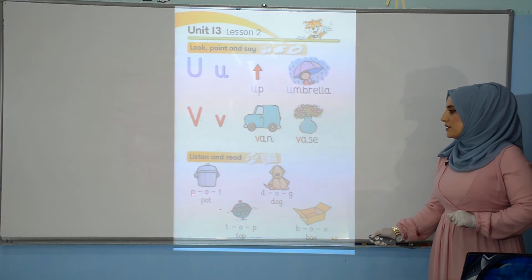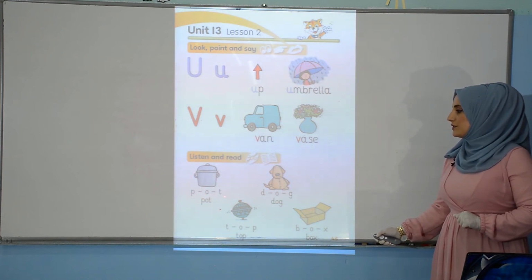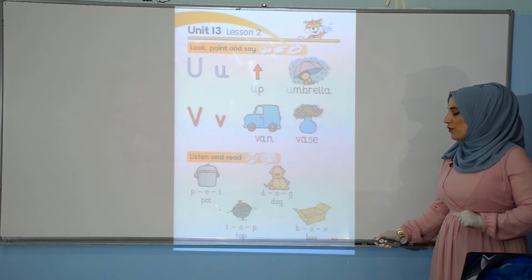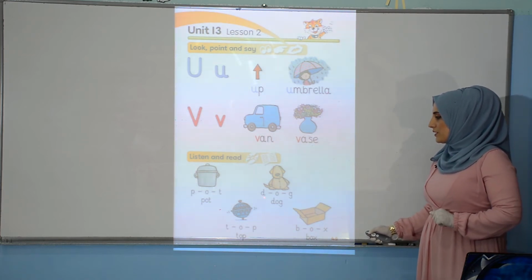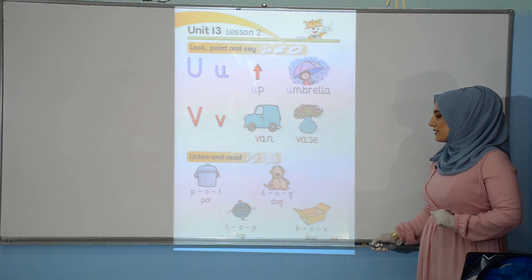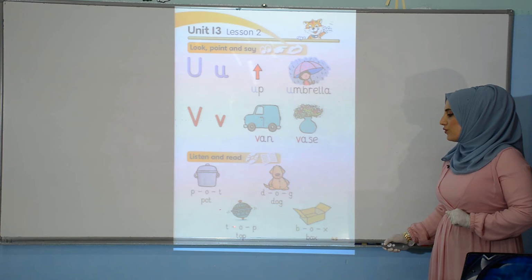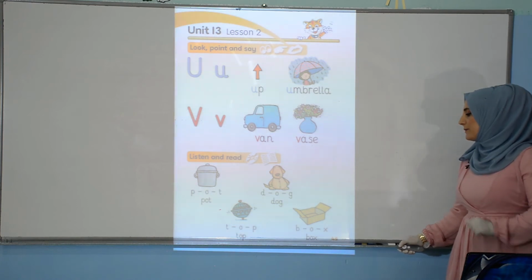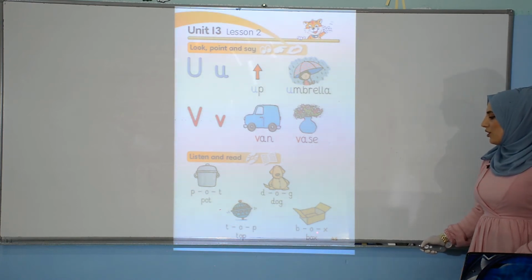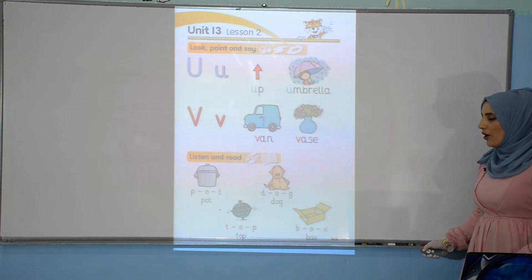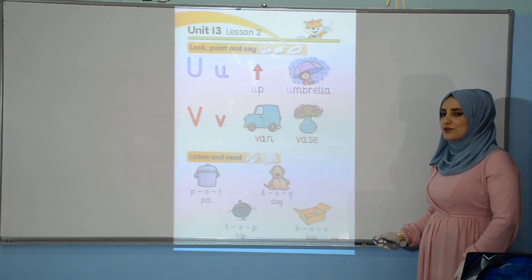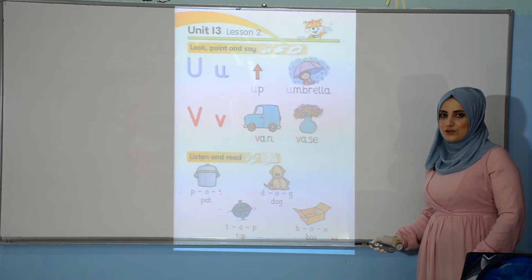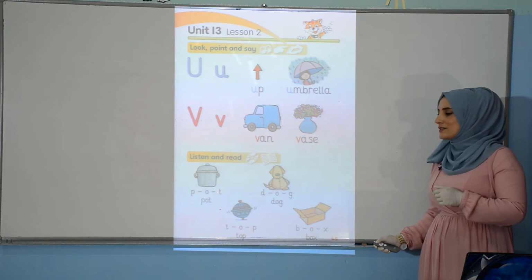Look, I say P, O, T will be pot. Okay, again, D, O, G, dog. T, O, P, top. B, O, X, box. Okay students, we have to say the letter sounds so as to read any word. Okay, say the sounds of the letters.